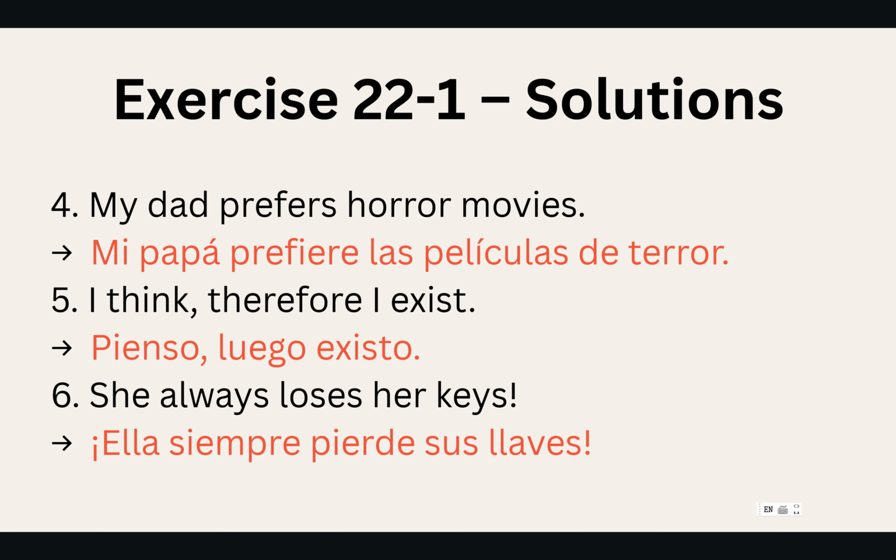My dad prefers horror movies. Mi papá prefiere las películas de terror.